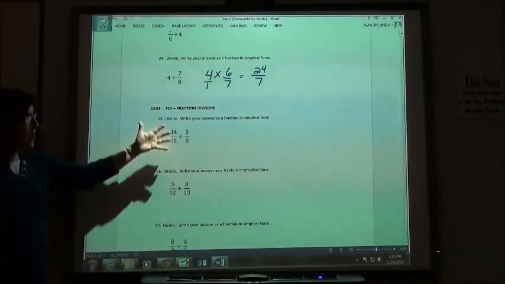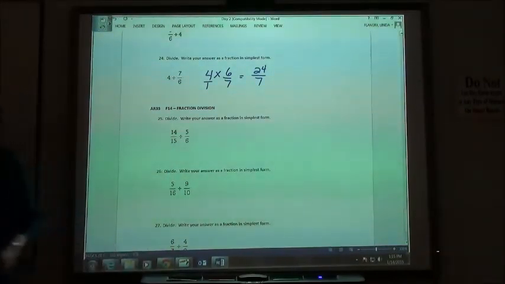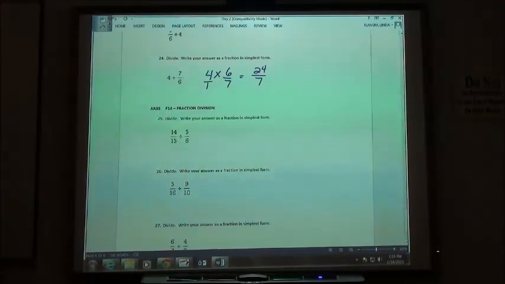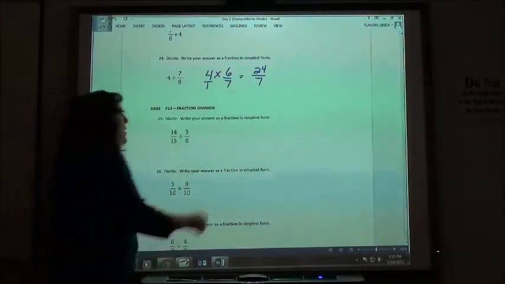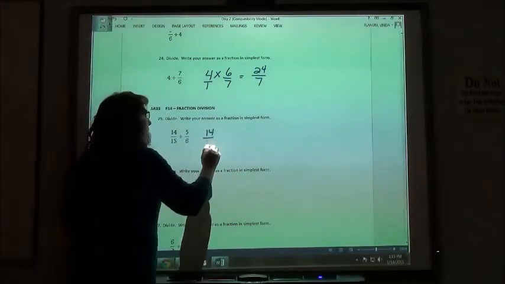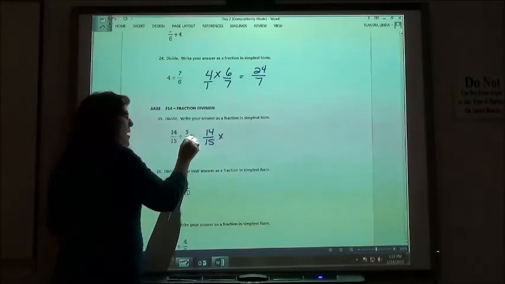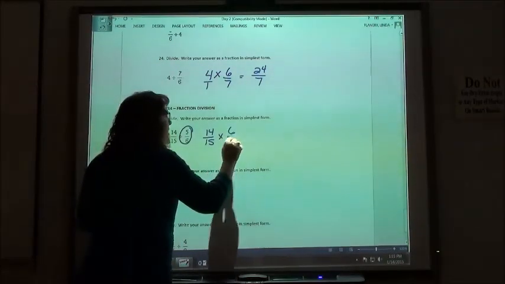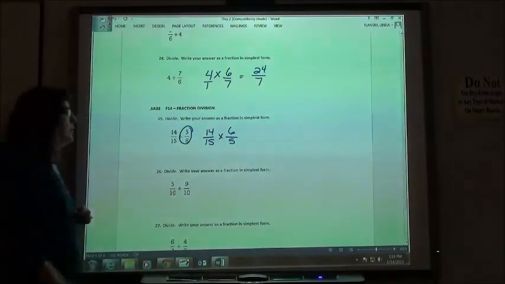So the same thing applies here when they're both fractions. When I have dividing fractions, the one after the division is going to get flipped over. I'm going to multiply by its reciprocal. So this problem I'm going to rewrite 14/15 times, I'm going to flip that number over, 6/5.